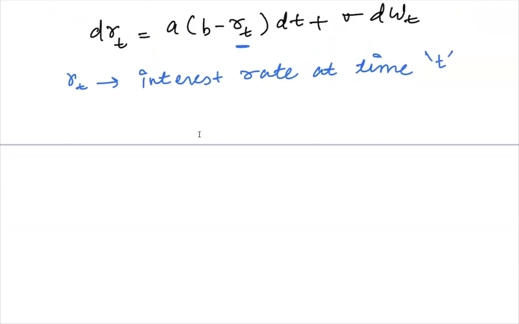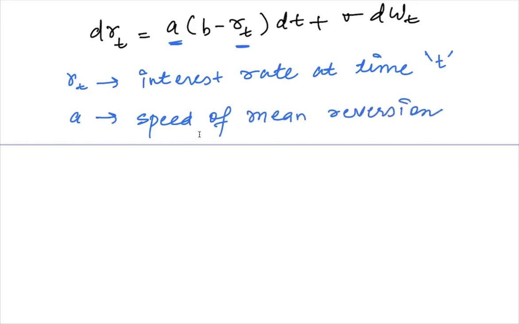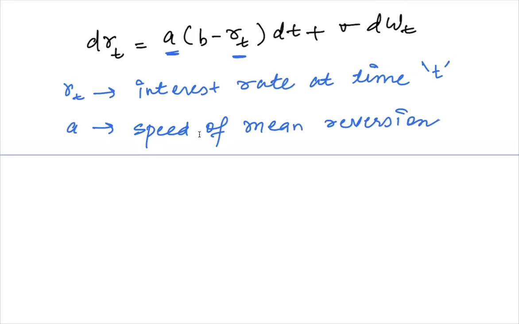Now what is A? A is nothing but the speed of mean reversion. What does it mean by speed of mean reversion?